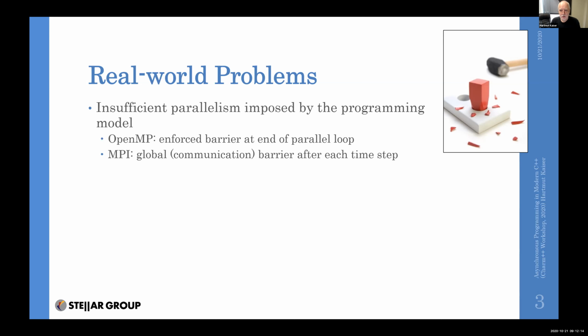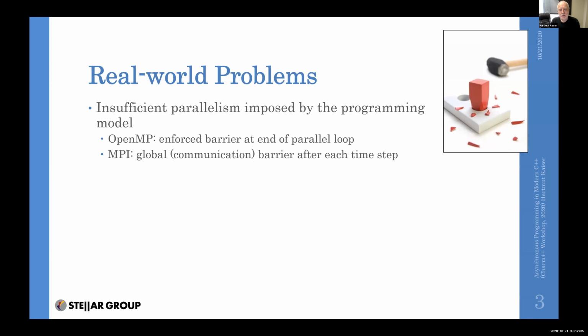It takes a lot of effort and expertise from the programmer to overcome these limitations, so that both OpenMP and MPI don't give you full resource utilization out of the box without additional significant effort on the programmer's side.